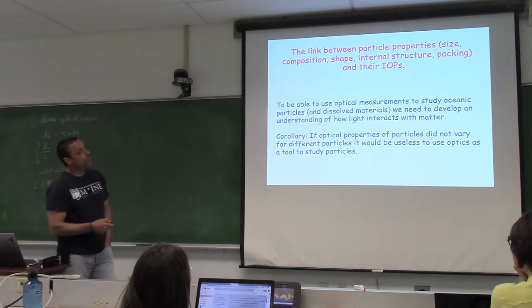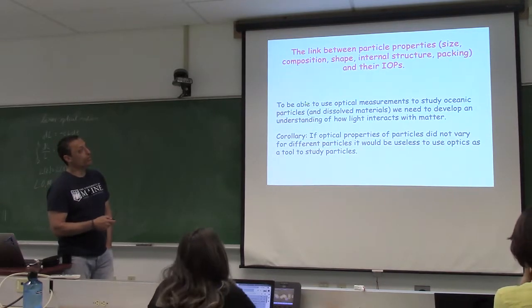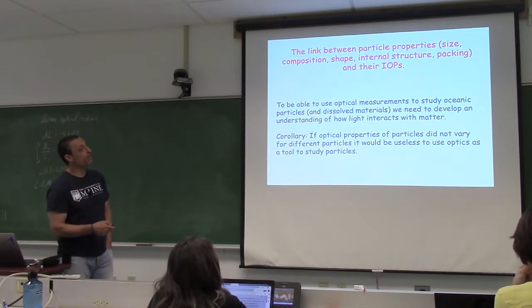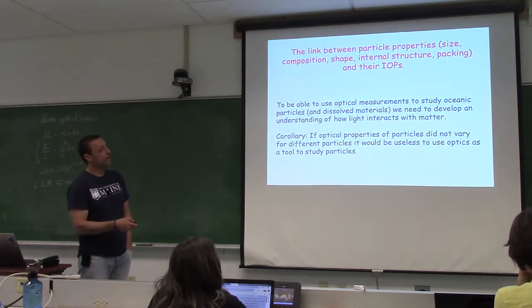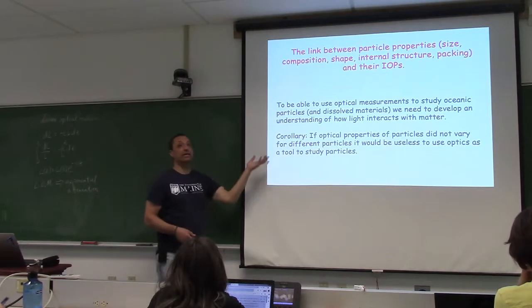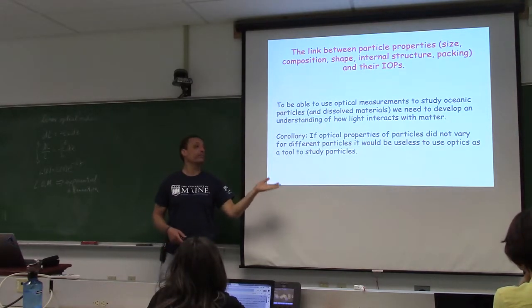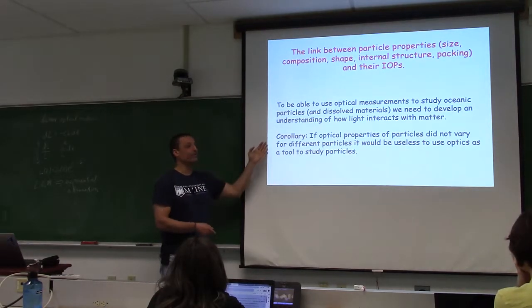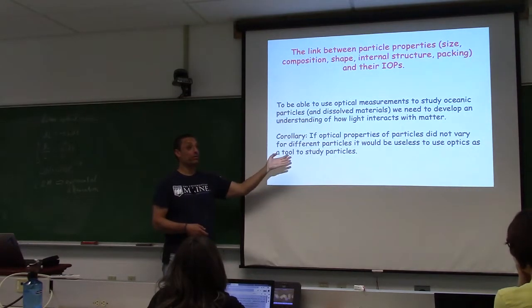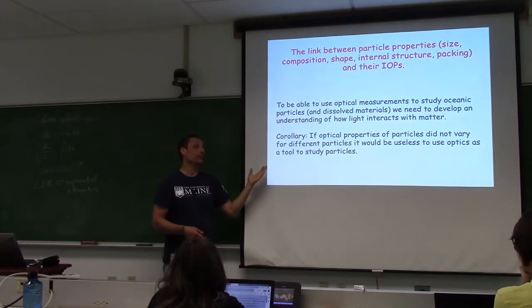To be able to use optical measurement to study oceanic particles or lake particles, whichever you're interested in, in aquatic medium, we need to develop an understanding of how light interacts with matter. This is also true for the atmosphere. But the reverse side is, if optical properties of particles did not vary for different particles, we could not use optics to differentiate between them.